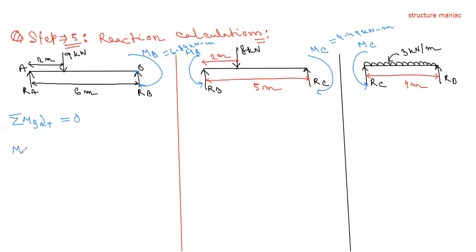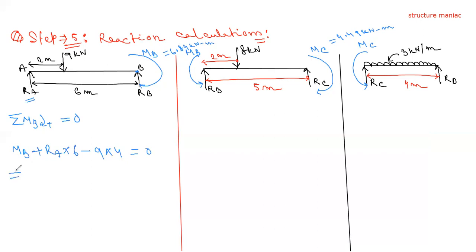Now we have the moment due to the reaction RA, and RA will produce a clockwise moment. Just place your thumb here and look, RA will rotate the AB span about B in the clockwise direction. So plus RA into 6, and the 9 kilonewton load will produce an anti-clockwise moment, so minus 9 into the distance 4 is equal to 0.